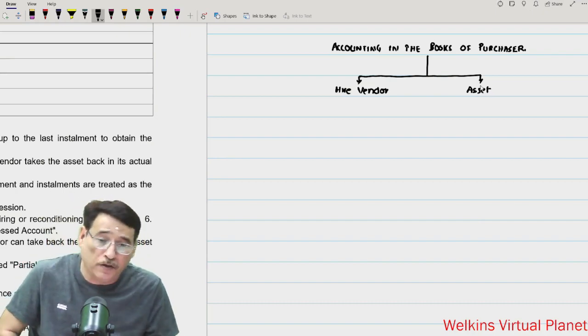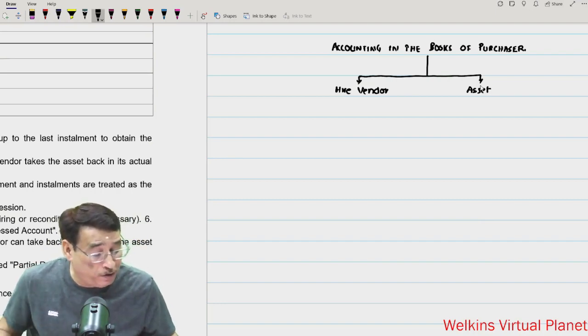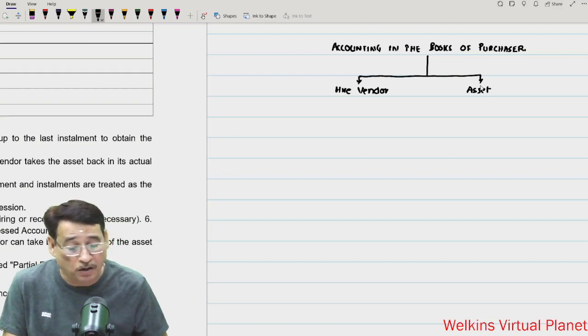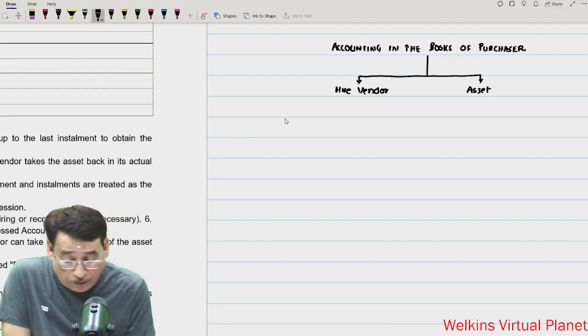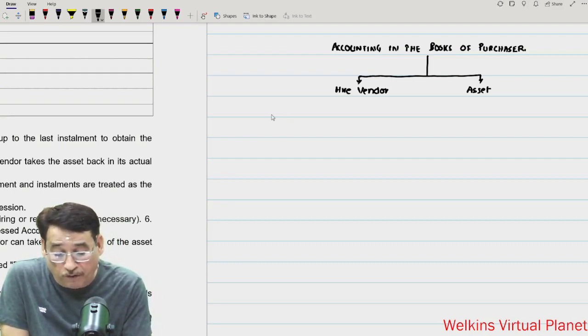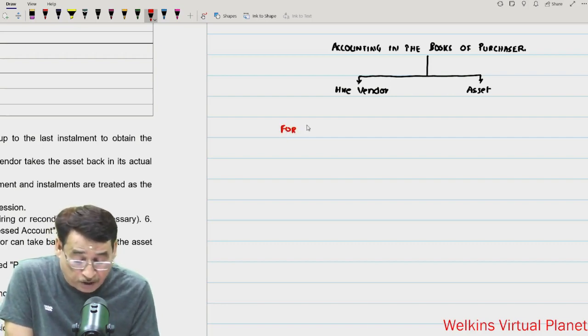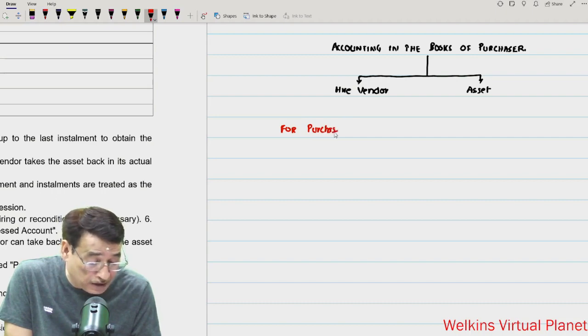In order to prepare these two accounts, we also saw in the last session how the accounting is done. So first of all, you write here for purchase of asset. The first entry is done on the date on which he purchases the asset.